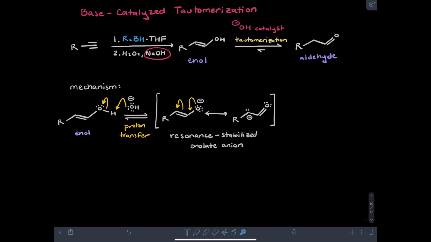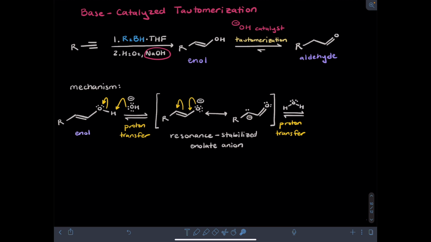In the other resonance form, there is a carbon-oxygen pi bond, and the adjacent carbon has a new lone pair and a negative charge. So this anionic intermediate is resonance stabilized, and it's known as an enolate anion, the conjugate base of an enol. This anionic carbon in this resonance form of the enolate can act as a base, and it can be protonated to form the aldehyde product.